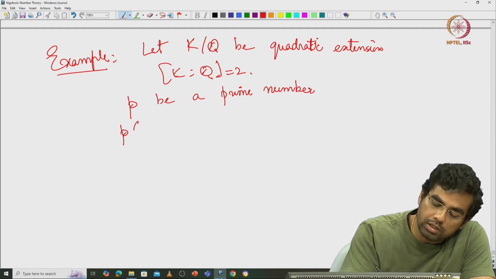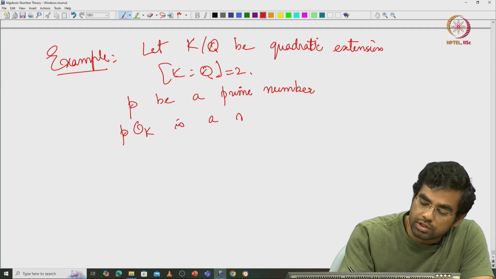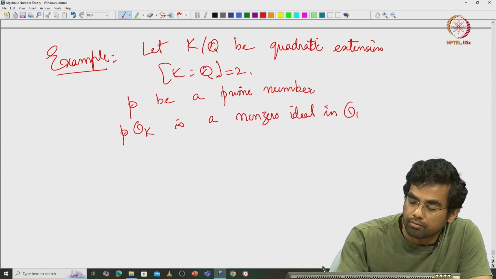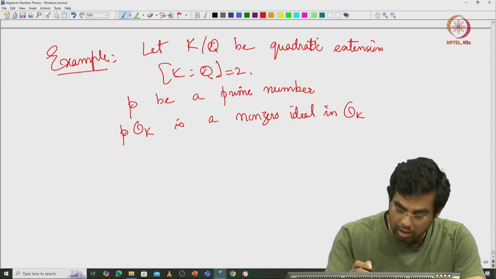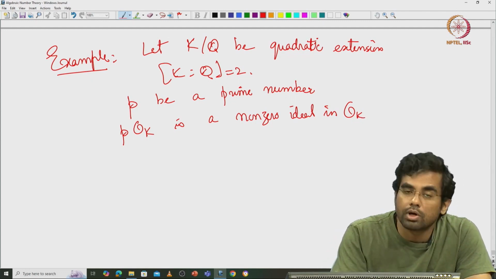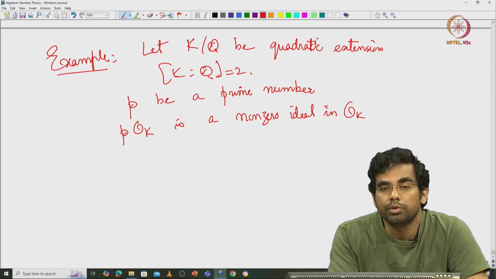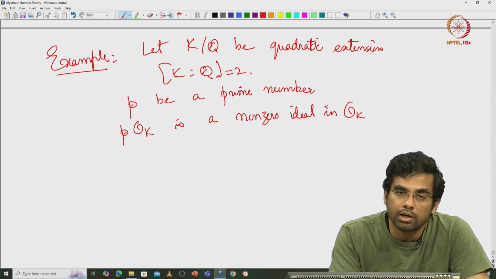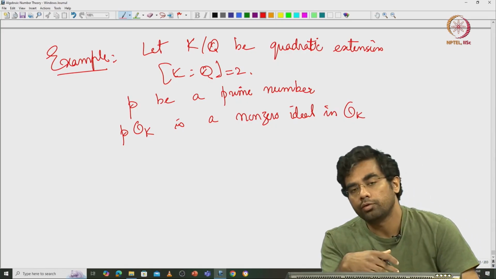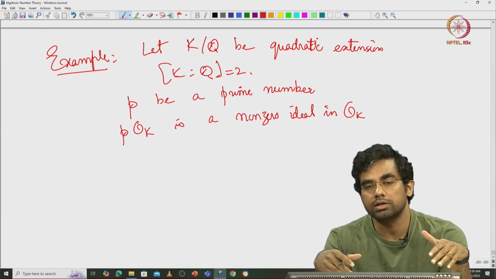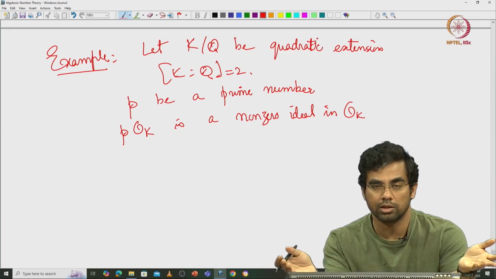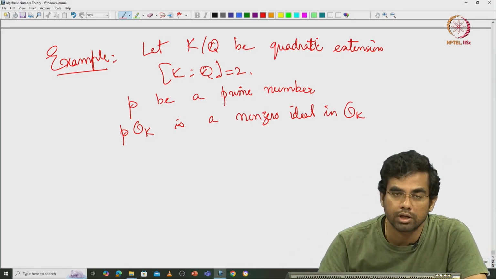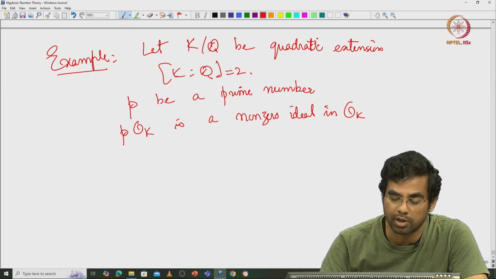So, p times O_K is a non-zero ideal in O_K, and therefore, it should have a factorization into primes. Now, before proving the previous result, we had absolutely no idea how many prime factors this ideal could have. It could have a billion prime factors. We had no idea what the exponent for each of those prime ideals is.